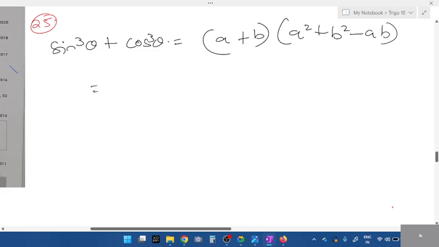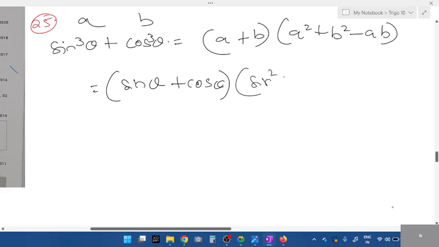Just substitute the value. Take this as a, take this as b. Sin theta plus cos theta multiplied by sin square theta plus cos square theta minus sin theta cos theta. And when you simplify this, this is the formula. If they ask us to simplify, you have to use this.